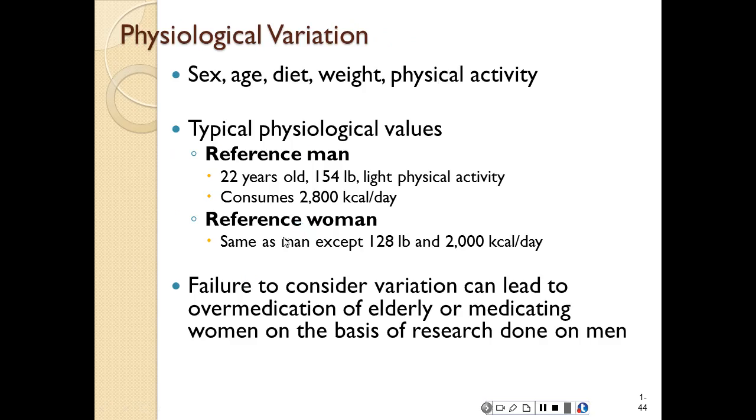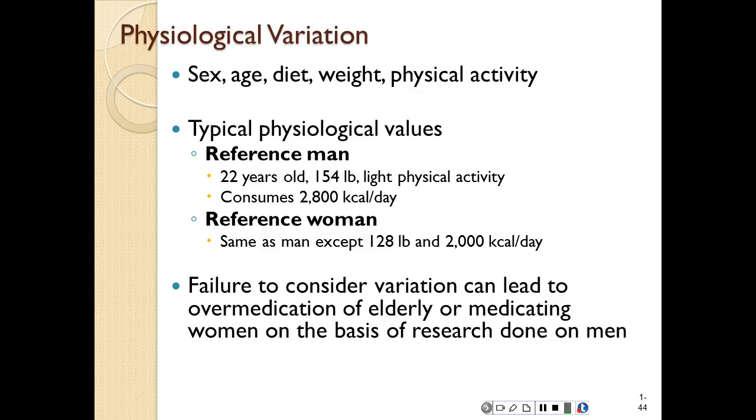Okay. Alright, so let's look at physiological variables that are going to differ between sex, age, diet, weight, and of course physical activity, environment, and so forth. So we have certain physiological values.